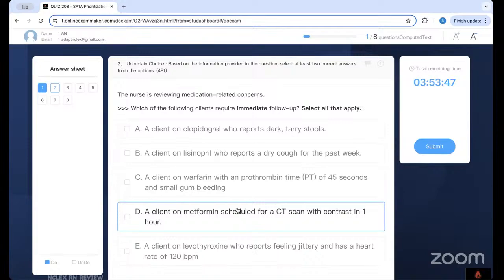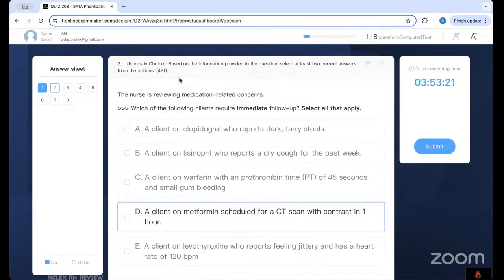A client on metformin scheduled for a CT scan with contrast in an hour. A client on levothyroxine will report feeling jittery and a heart rate of 120. Bring your content. Look at the situation. See if it's appropriate. Like I said, in select or apply, don't compare them.